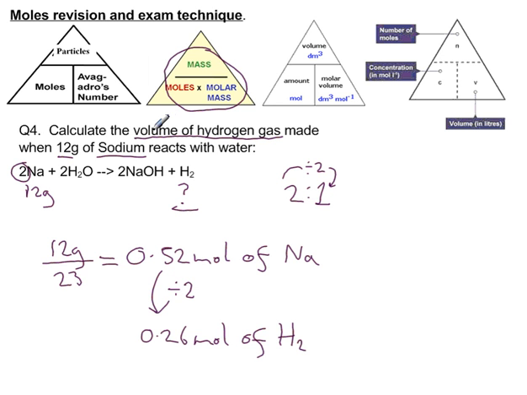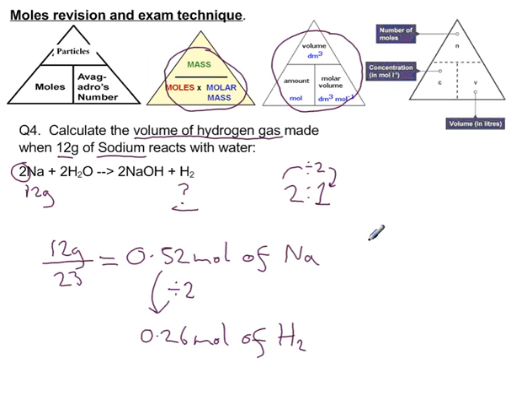Now the question wants the volume of hydrogen gas made. So now we must use the gas volume equation. We've got the number of moles of hydrogen, but we want the volume of hydrogen made. So we rearrange the equation. To work out the volume of hydrogen gas made, it's the number of moles multiplied by the molar volume.